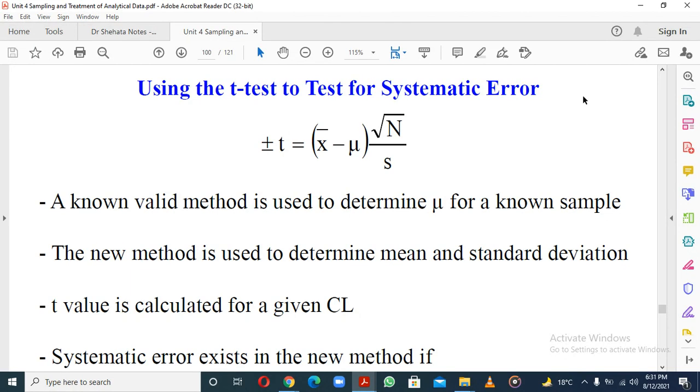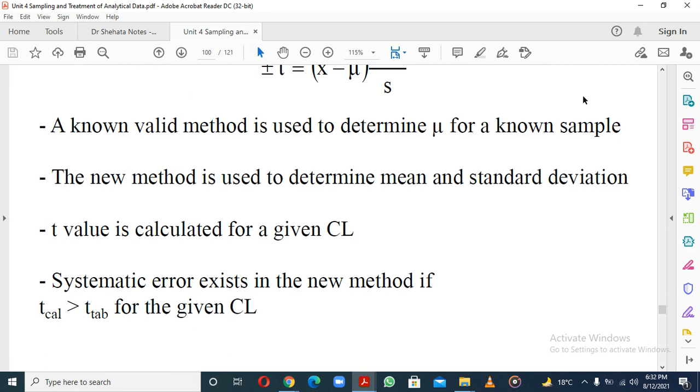Now, for that t value, I want to check if this procedure doesn't have a systematic error, for a confidence level of 95%. Meaning that when I go to the t-test table, I'll be focusing on the 95% confidence level.